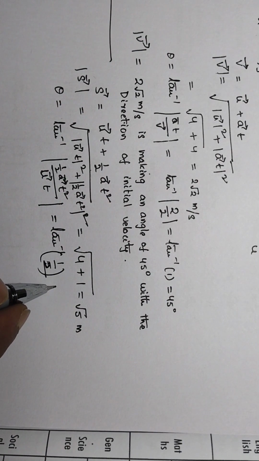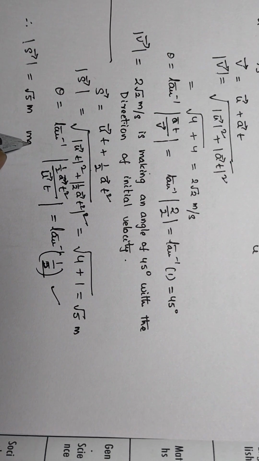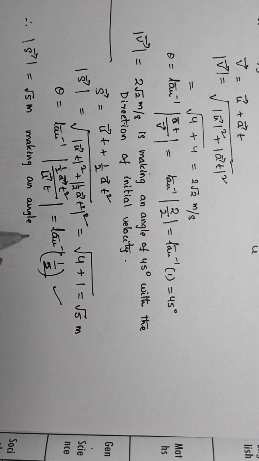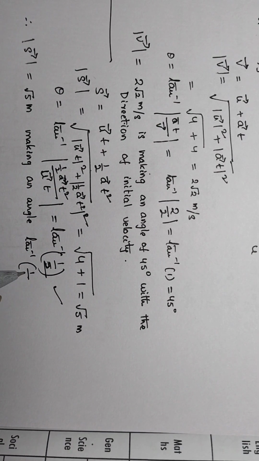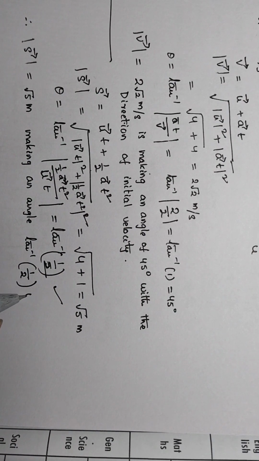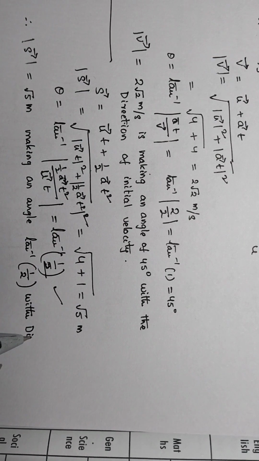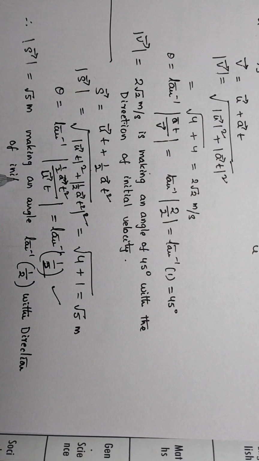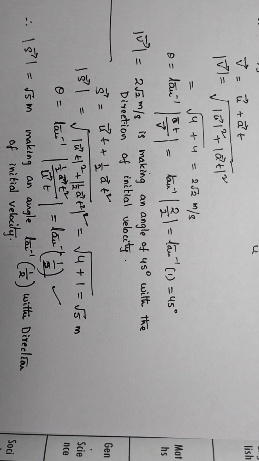So tan inverse 1 by 2 is the angle. So here the magnitude of displacement is equal to root 5 meters, making an angle tan inverse 1 by 2 with the direction of initial velocity. Thank you.